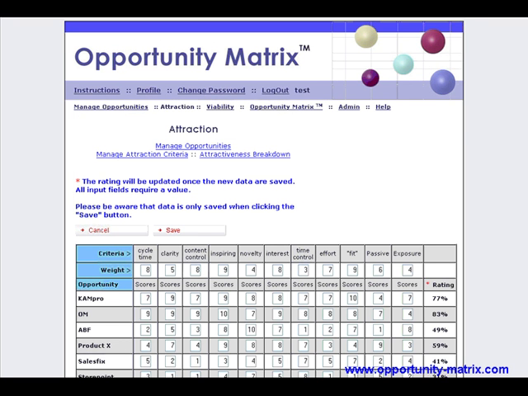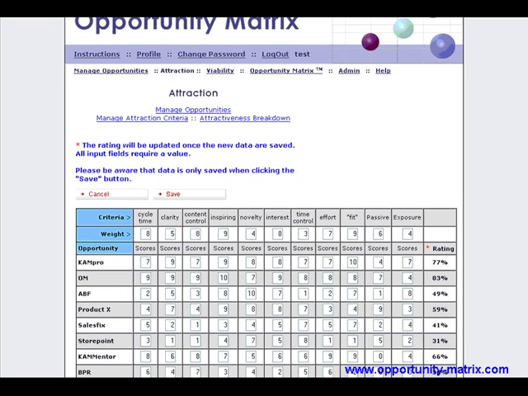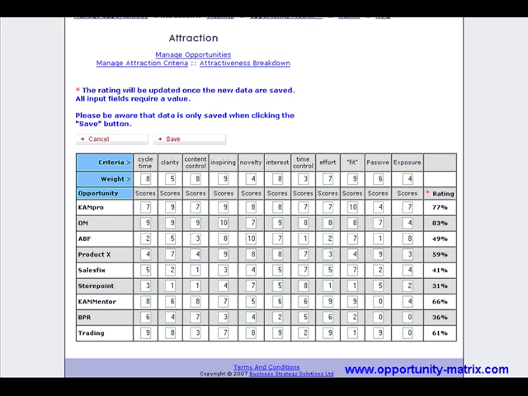Once we've got all the opportunities in, the first dimension we complete is attraction. How much do you want to do it? That makes up the vertical axis of the graph. The attraction rating is calculated from a number of criteria here along the top. Each is given a weighting to indicate how important it is to you in your particular circumstances.